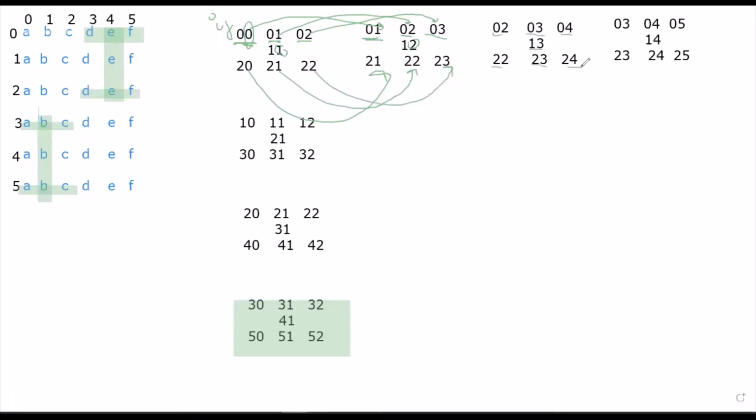So if the indexing is represented by i j, the j will increment by 1 every time, and for every row the ith index will increment by 1. Here you can see the i value here is 0, it will be 1 here, then 2 here, and 3 here.